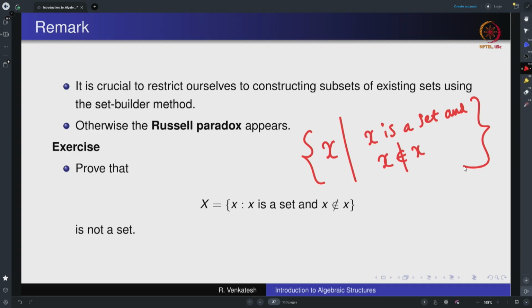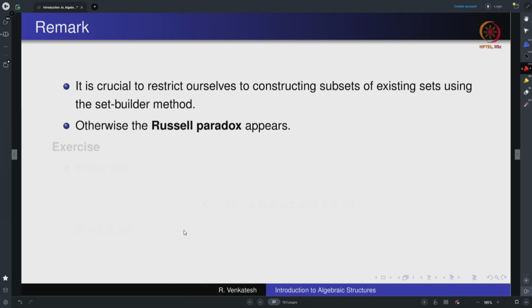Now, one can ask whether this capital X is a set or not. If you think about it, this capital X cannot be a set. This tells you that the set of all sets cannot be a set. Why is this not a set? Let us go through the argument.